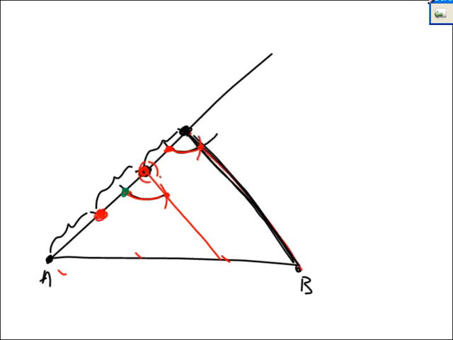Okay, first, I put my compass needle here, and then I draw this arc. I do the same thing here. And then, I put my compass needle here, and I draw that arc. Notice that it crossed. And then I do the same thing. I put my compass needle here, and I draw.